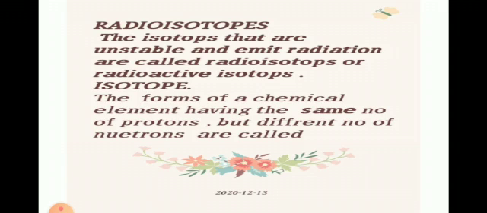So this is called the isotopes. And the isotopes which are unstable and emit radiations to become stable are called radioactive isotopes, or simply we can say radioisotopes.